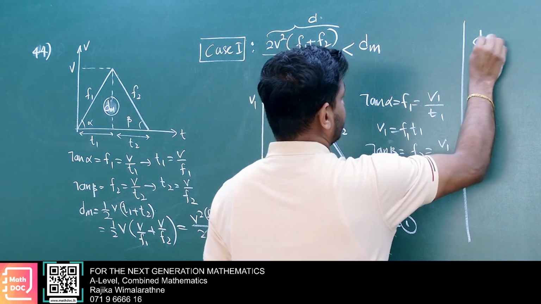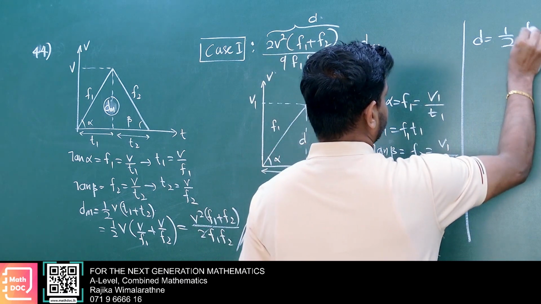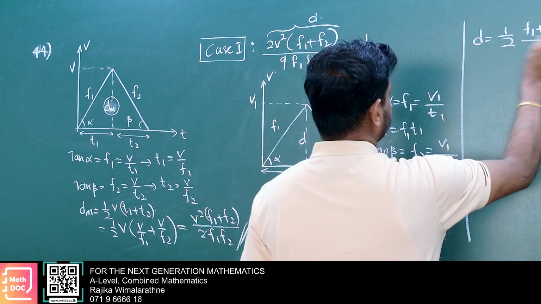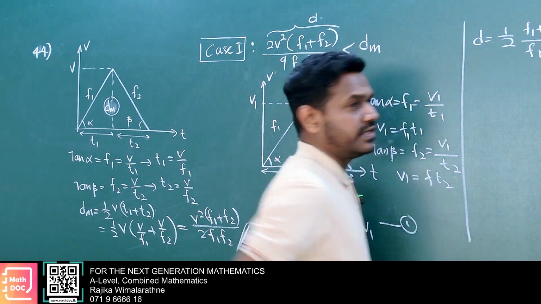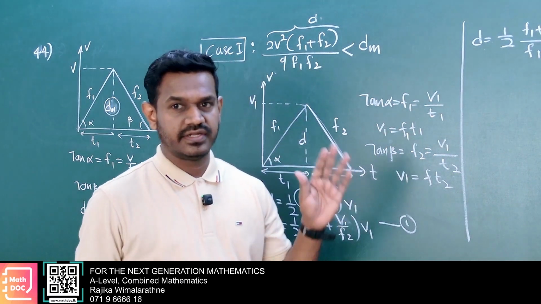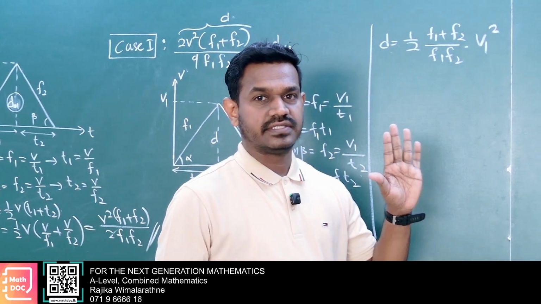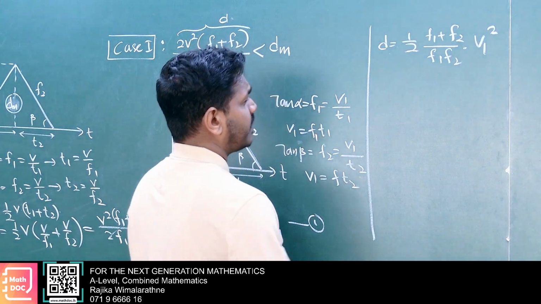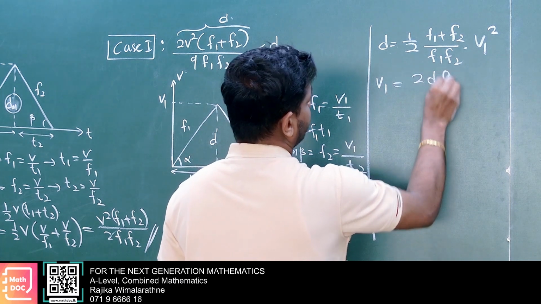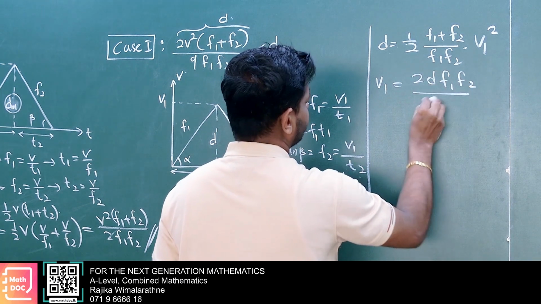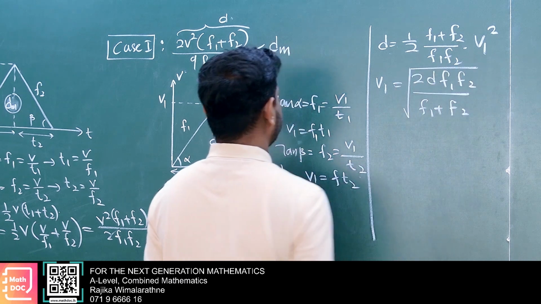Then D equals 1 over 2, F1 plus F2 over F1 F2, V1 squared. Okay. Now you simplify very carefully. Then here V1 equals root of 2D F1 F2 over F1 plus F2. Here V1 time.